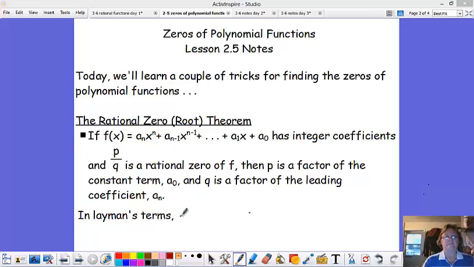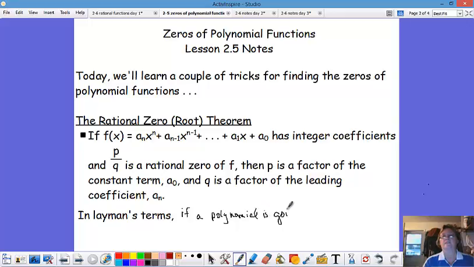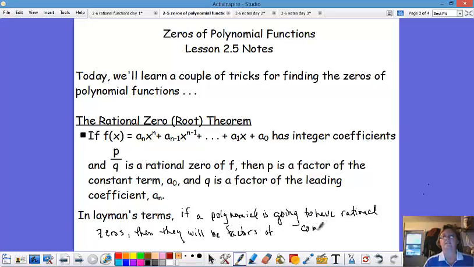It sounds weird. I need to put it in words that I can understand. So in layman's terms, if a polynomial is going to have rational zeros, then they will be factors of its constant divided by leading coefficient.